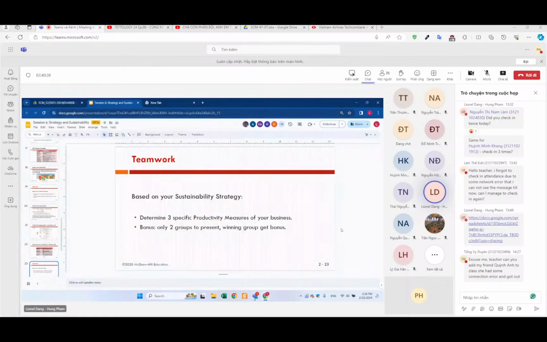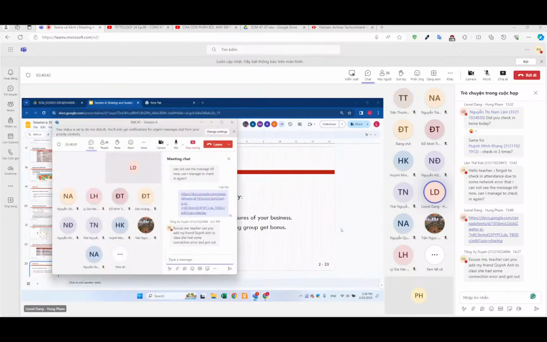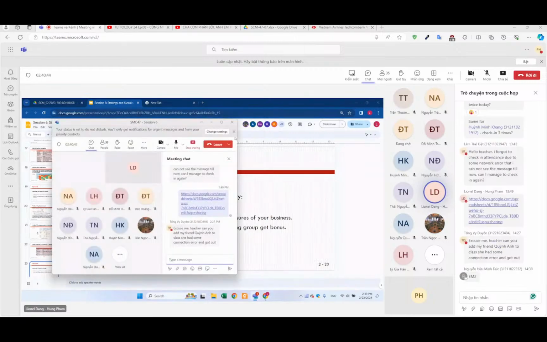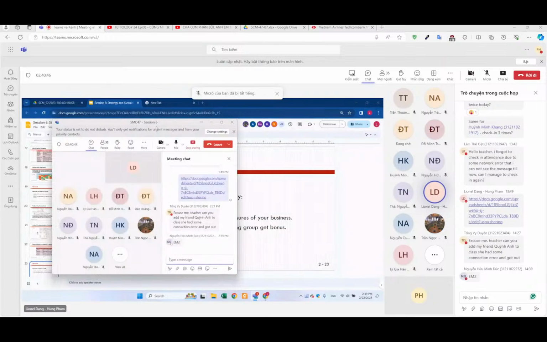Oh, PM2 ready. Okay, very good. If the other groups are not ready, continue to work and then put your group name later.